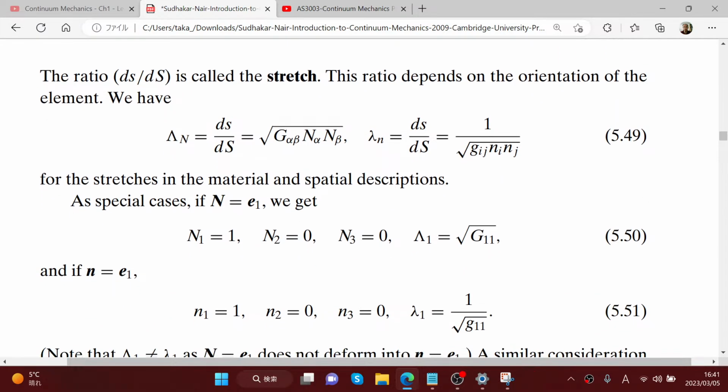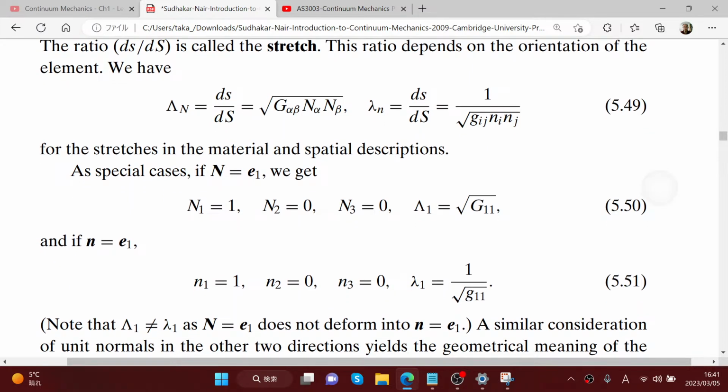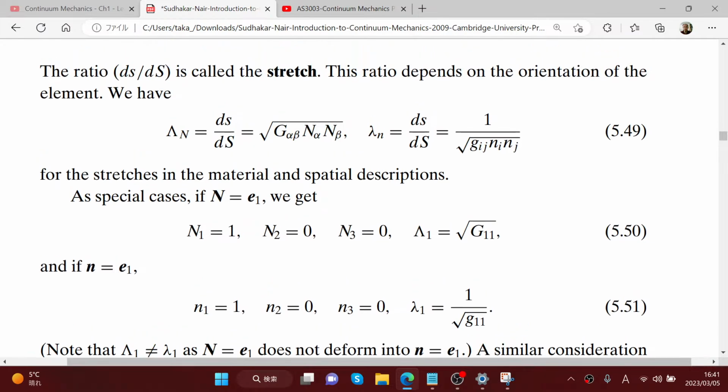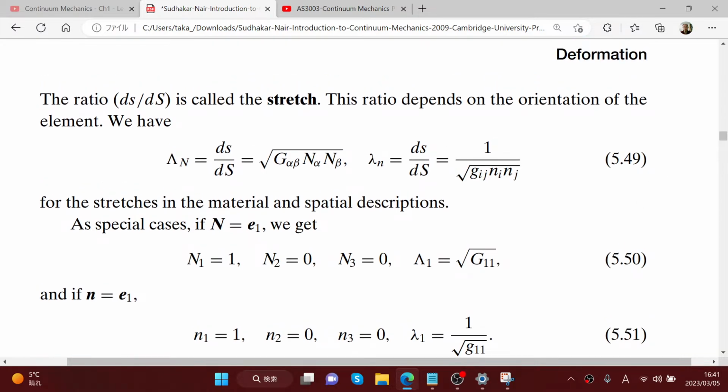The ratio depends on the orientation of the element. We have lambda N and lambda n. What's the difference for the stretches in the material and spatial descriptions?